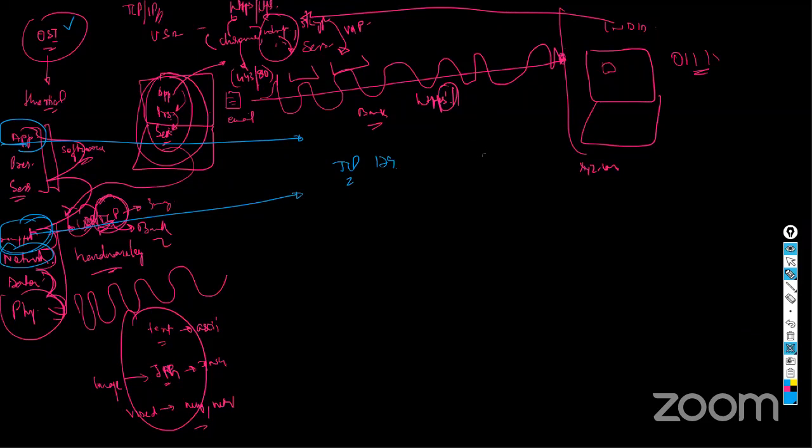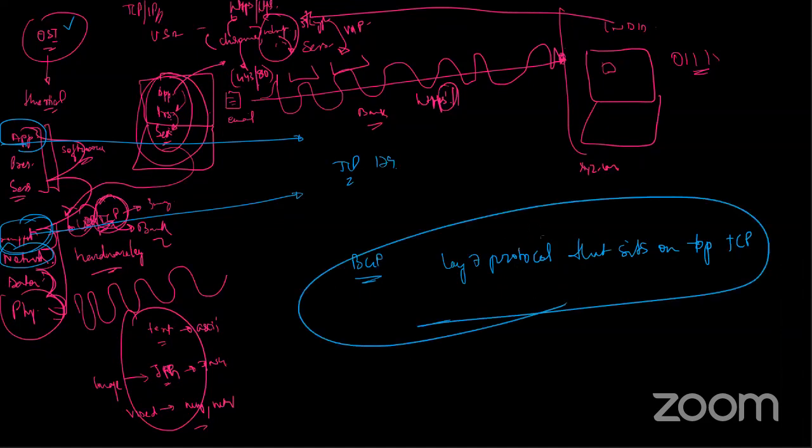Or let me write it this way: BGP is a layer 7 protocol that sits on top of TCP. The rightful definition of BGP.